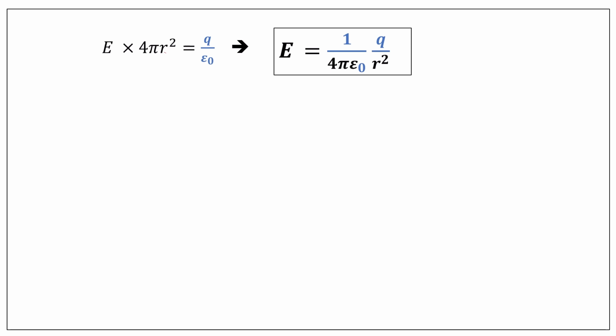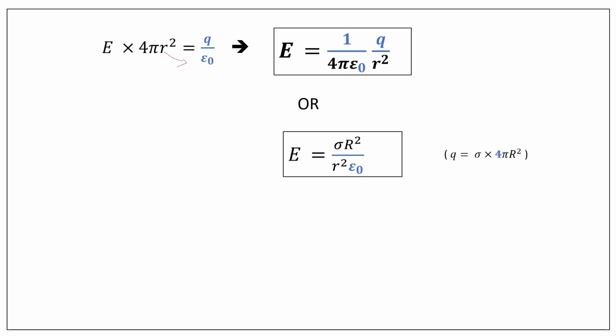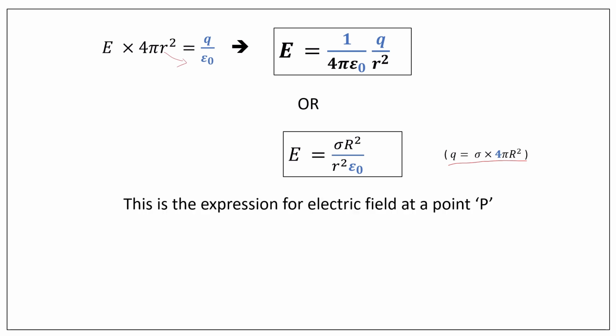That is, E is equal to 1 by 4 pi epsilon naught into Q by r square. Or E is equal to sigma R square by r square epsilon naught, because Q is equal to sigma into 4 pi R square. This is the expression for electric field at a point P.